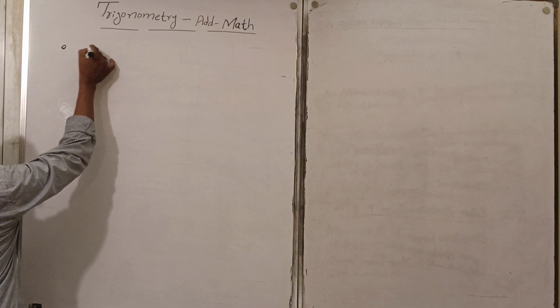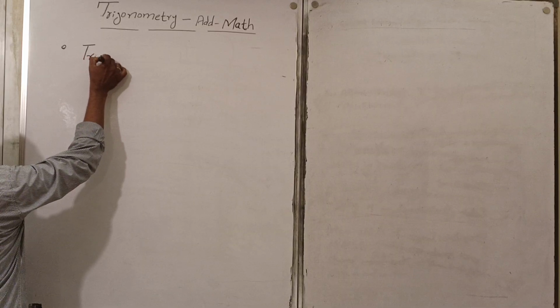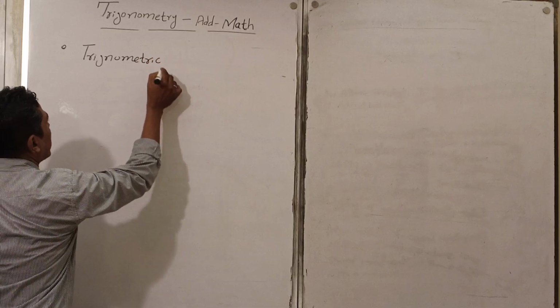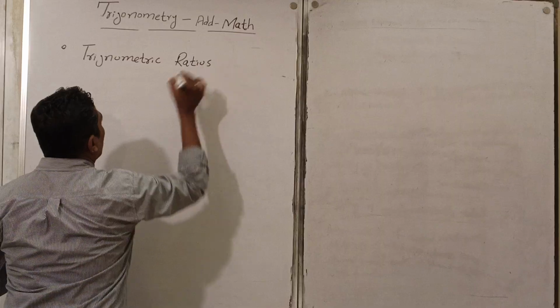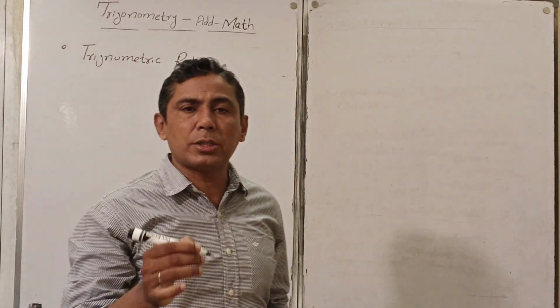First of all, trigonometric ratios. What are the trigonometric ratios? Sine, cos, tan.